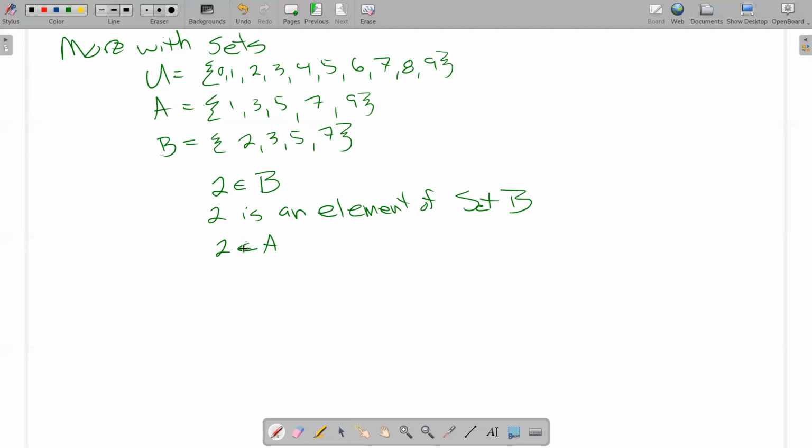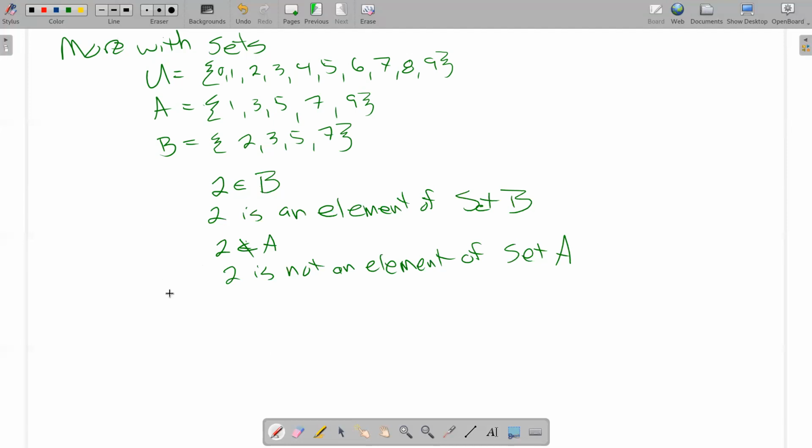So if something's not an element, we just make the E symbol for element and then put a line through it. So this says 2 is not an element of A.